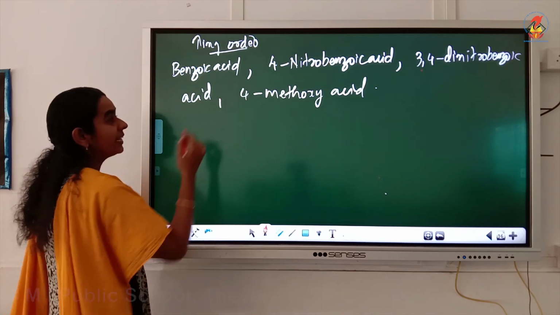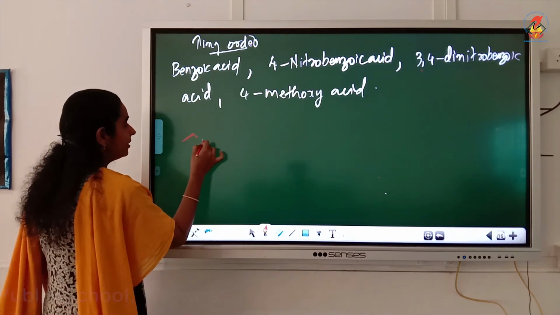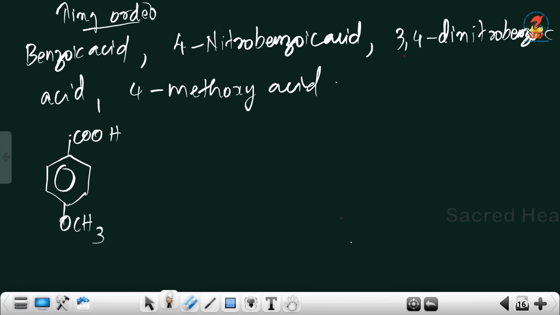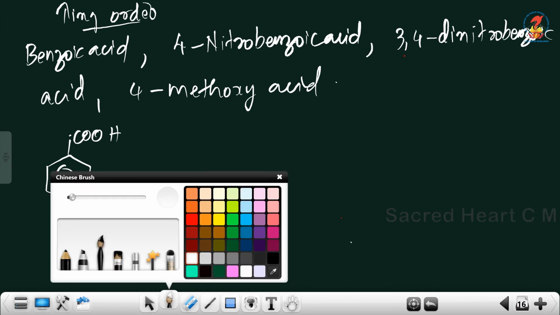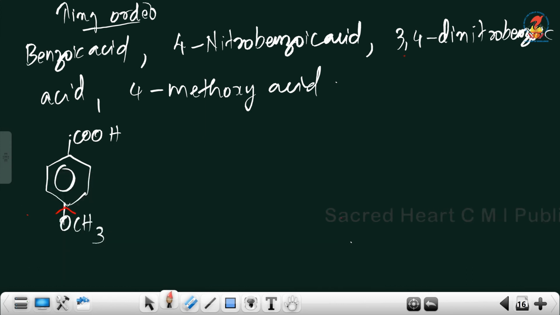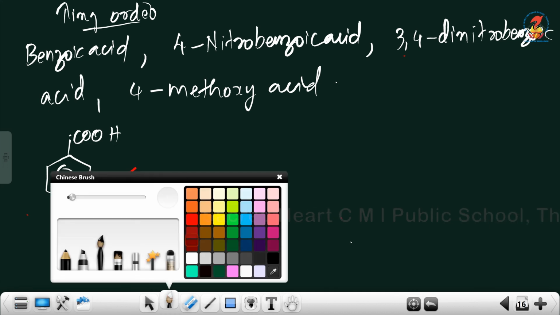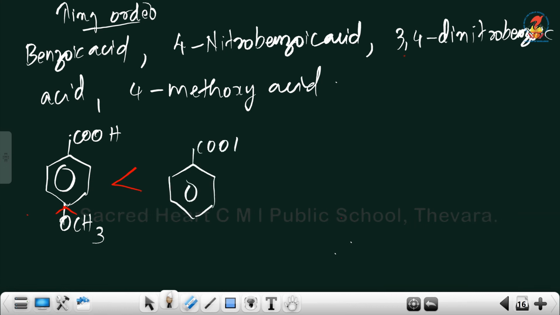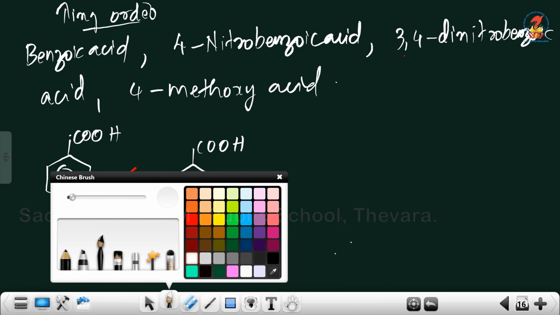So, we have to write the least acidic one first, that is 4-methoxybenzoic acid, least acidic due to the plus I effect of the methoxy group. Then next comes benzoic acid, because there is no plus I or minus I group.